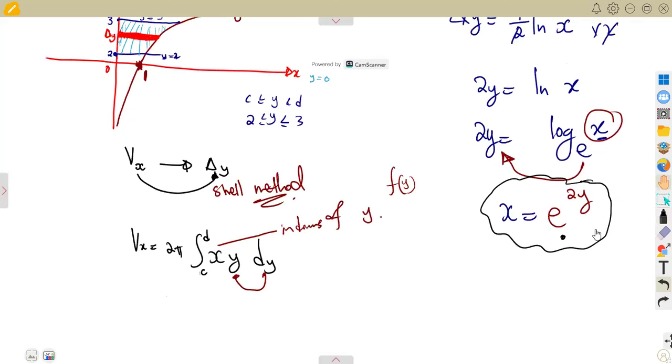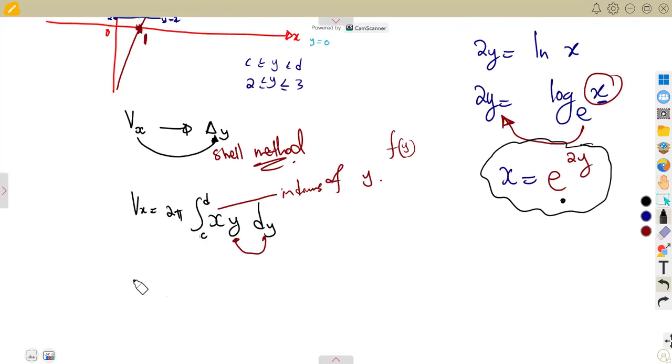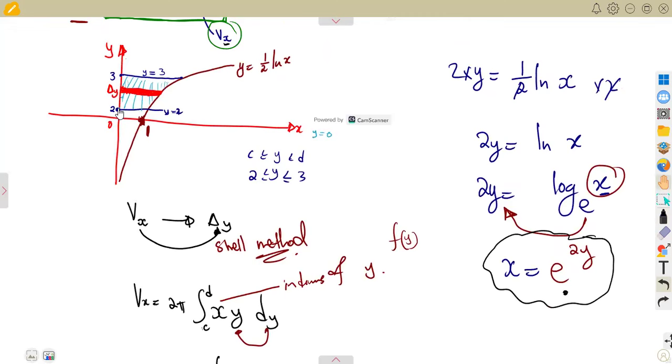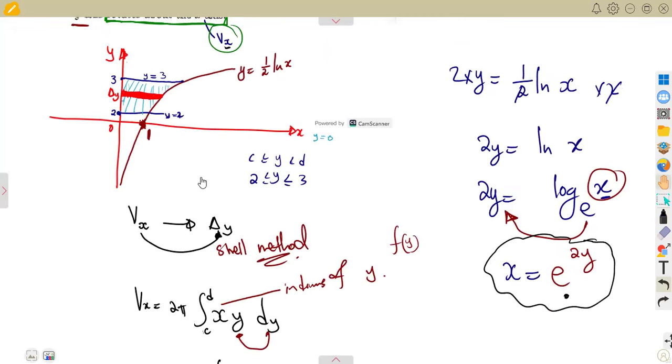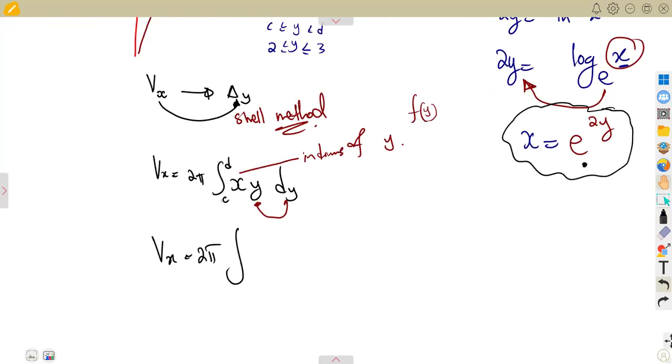So what are we going to do? We are going to substitute this information. Vx is 2 pi, the integral of this. The limits, like I said, are for y, from 2 to 3. So the x in terms of y is e to the exponent of 2y.